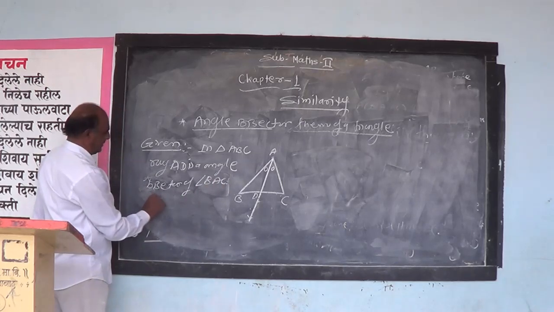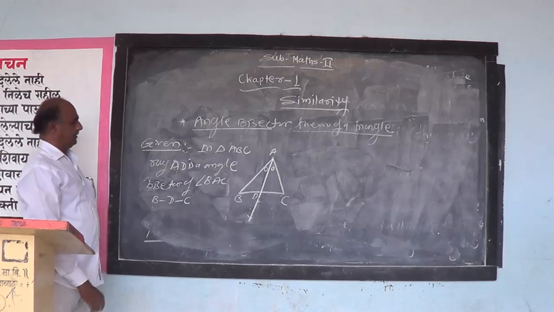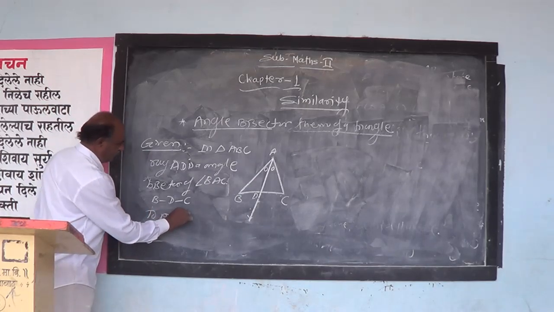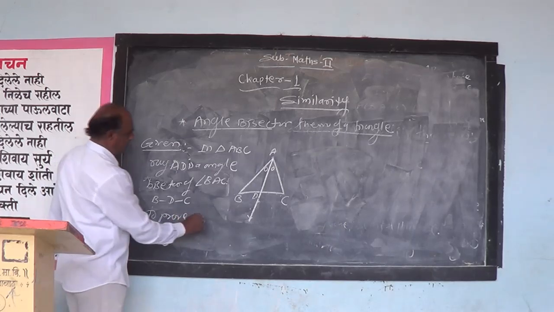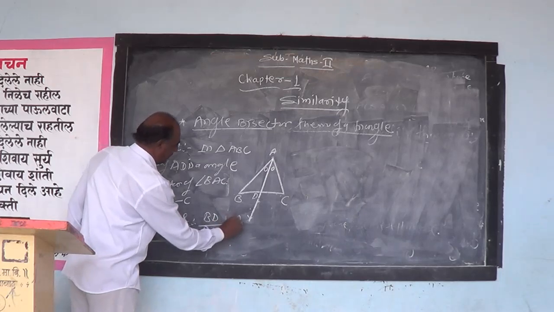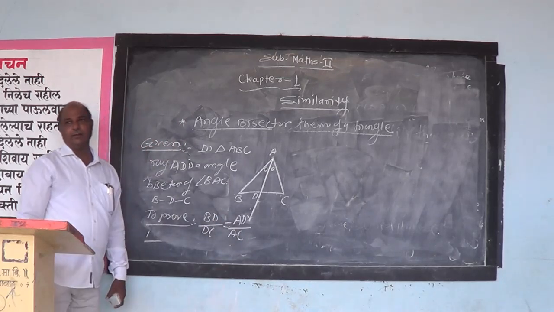And then to prove: BD upon DC is equal to AB upon AC.